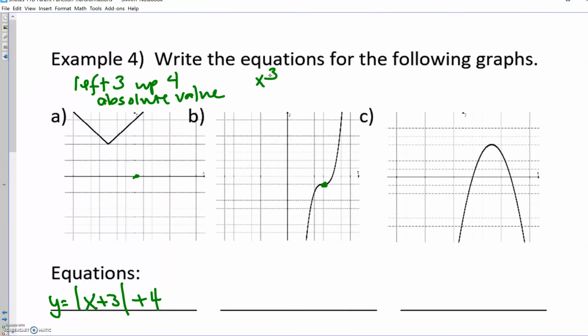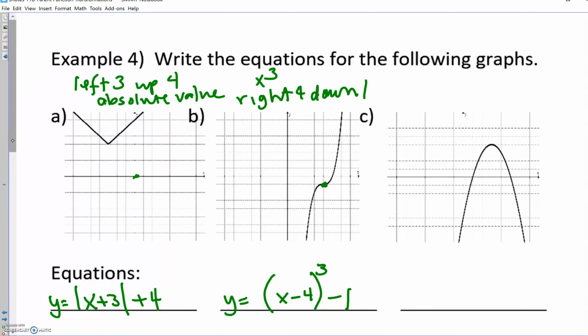And I believe that went right 4 and down 1. So when I come over here to write it, I'm going to write y, then I'm going to put in parentheses, x went right 4, so that's going to be minus 4. I'm going to end the parentheses, and since the parent is x cubed, I'm going to put a third power right there, and then minus 1.